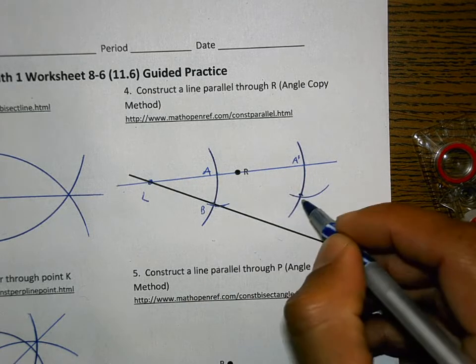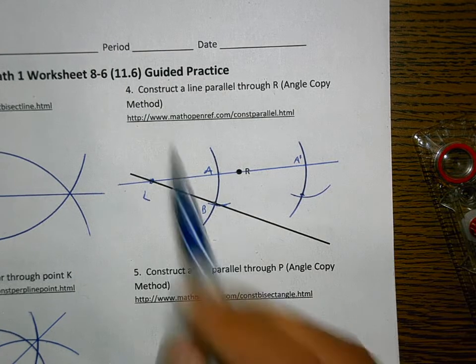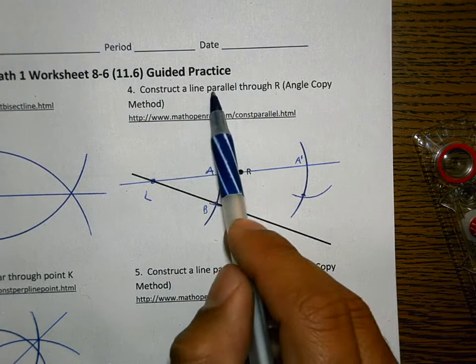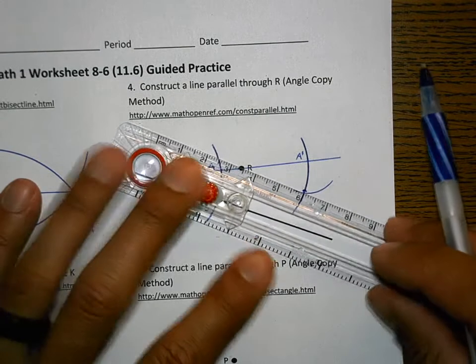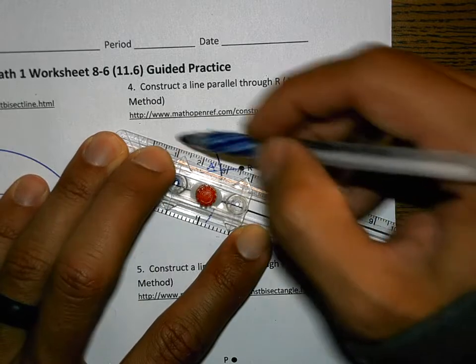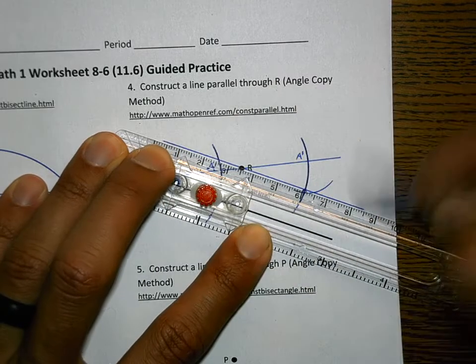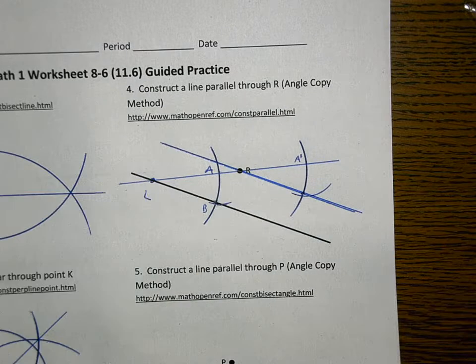Is that all you have to do? The last thing you do: we need to construct a line parallel through R. I hope you remember what parallel means. It means like train tracks. Connect that dot with R, and hopefully, if you did it right, do you have two lines that are exactly parallel to each other?